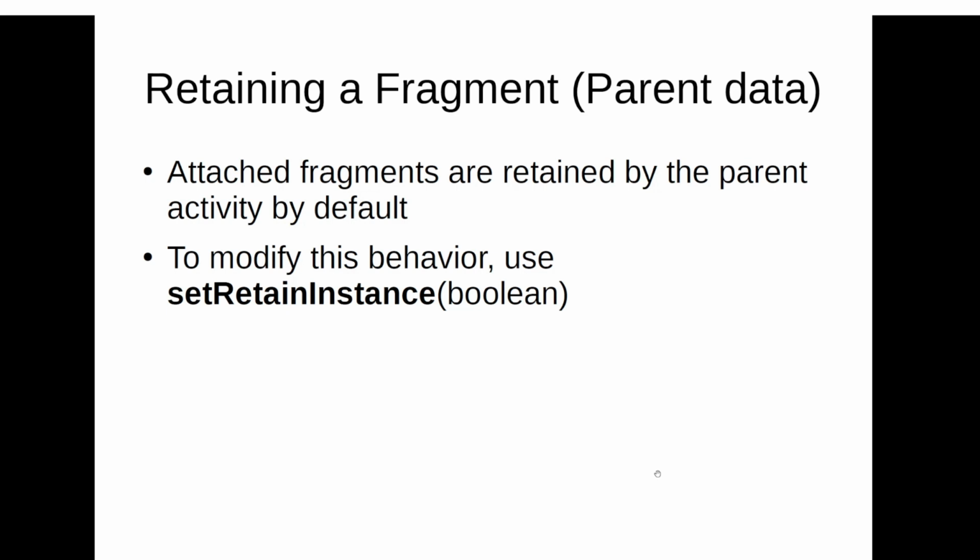A fragment that is created and attached to an activity will remain there, even if the activity is destroyed and recreated. If you would like to change this behavior, you can call setRetainInstance with a false value. Now, what is the impact of the behavior that we're describing here?